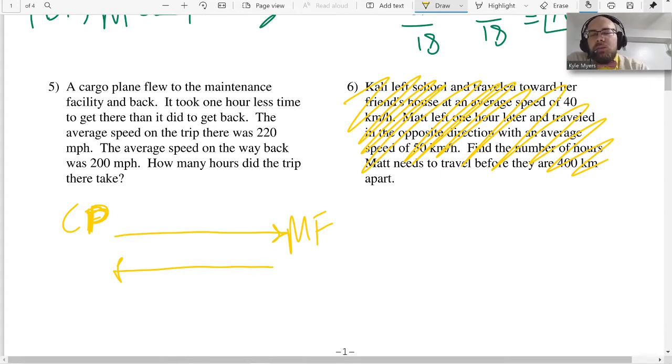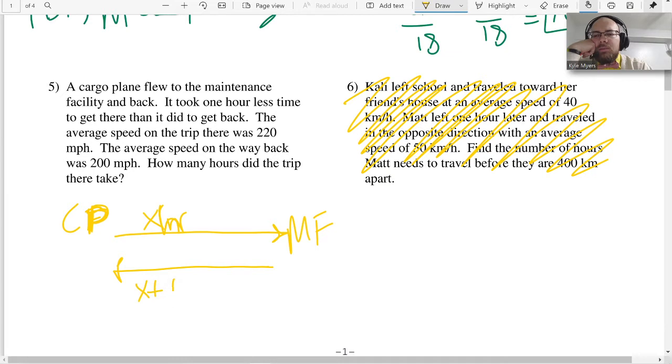Okay, so X. We have to be really careful here because we want to make sure X is exactly what we're trying to solve for, right? So let's skip to the end. That says how many hours did the trip there take? So X hours. It took 1 hour less time to get there than it did to get back. So it took longer to get back, right?